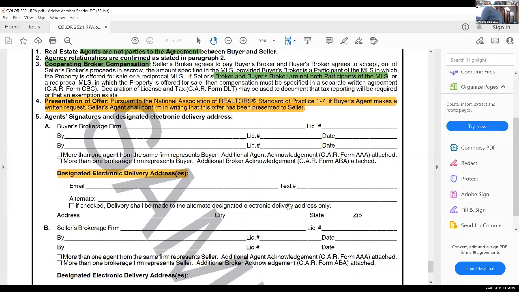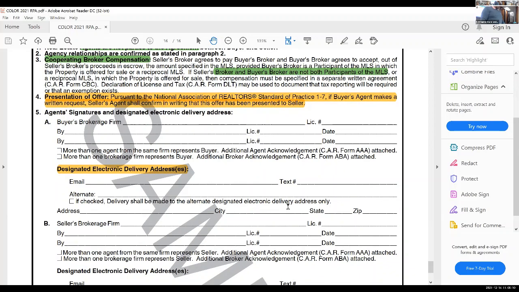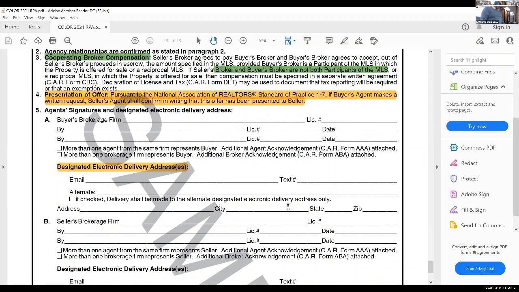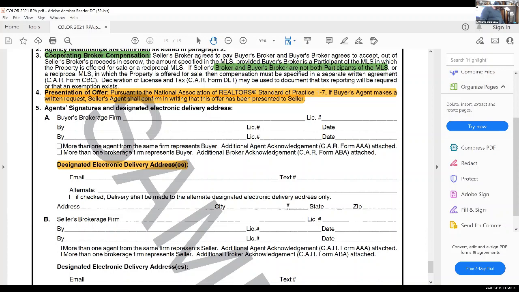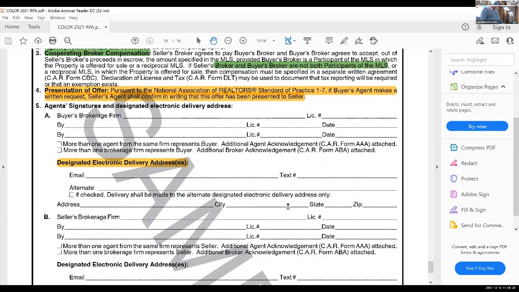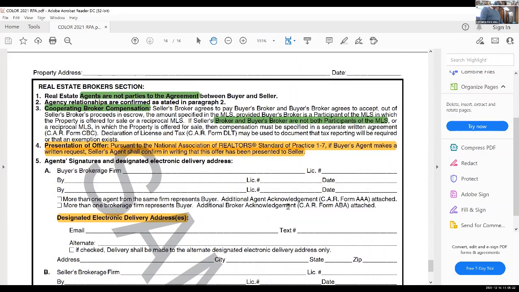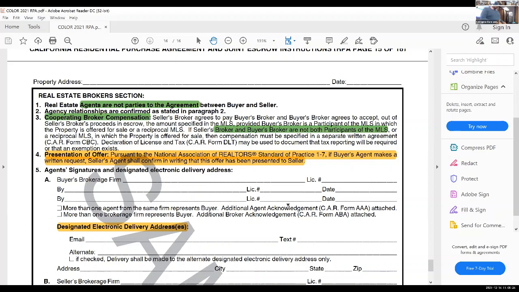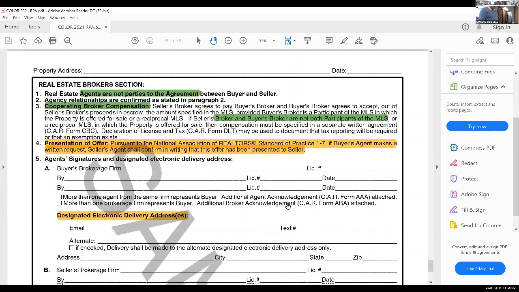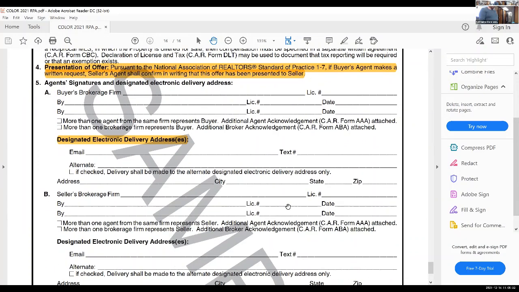All right, the presentation of the offer pursuant to the National Association of Realtors Standard of Practice 1 through 7. If buyer's agent makes a written request, seller's agent shall confirm in writing that this offer has been presented to the seller. So checking that box will suffice, of course. I would expect that any offer I write would be presented. Sometimes I question it.